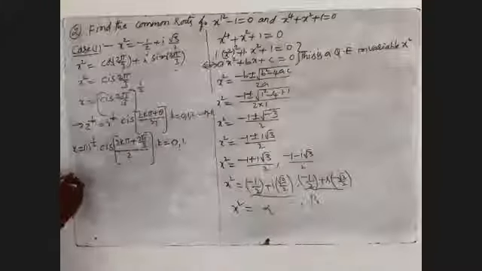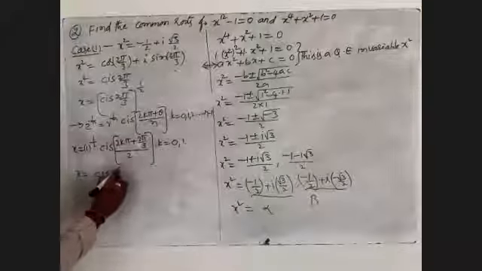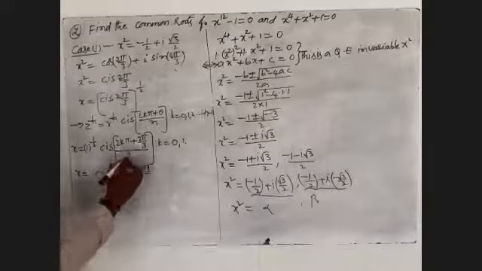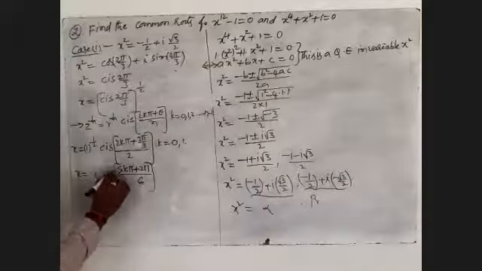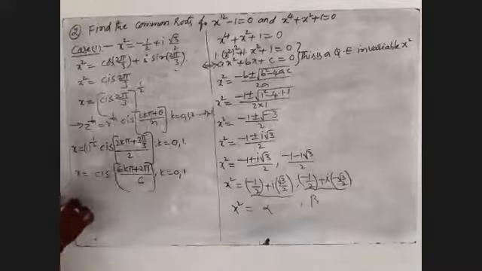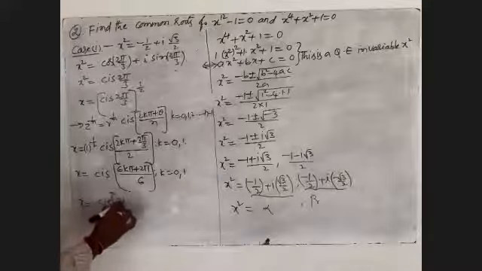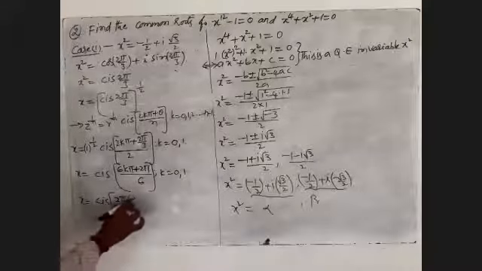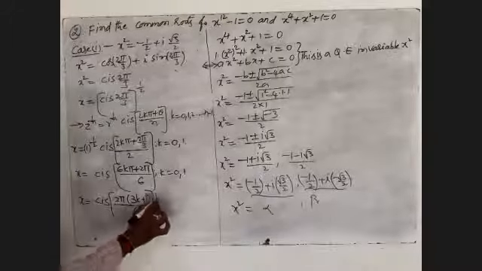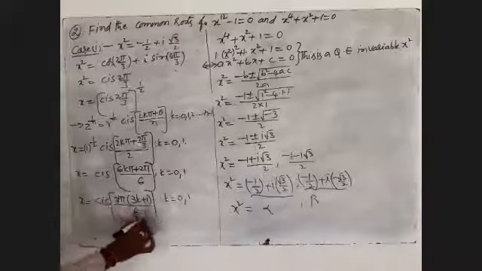So I have to expand this one. x is equal to cos of 6k pi plus 2 pi by 3, over 6, where k is 0 comma 1. I will take 2 pi common: cos of 2 pi times 3k plus 1 by 6, where k is 0, 1.